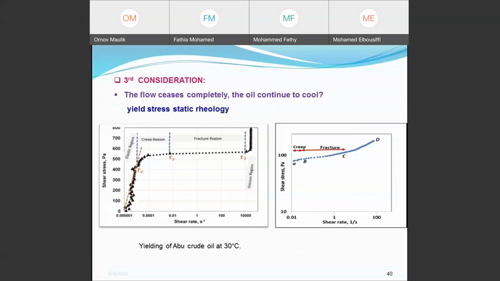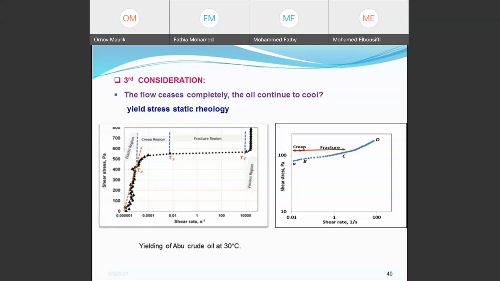This case is different from the previous two cases since the cooling here is quiescent. It means without flow. So the yielding of waxy crude oil undergoes several stages as shown in this figure. These two graphs represent the difference between the old and new advanced rheometer.